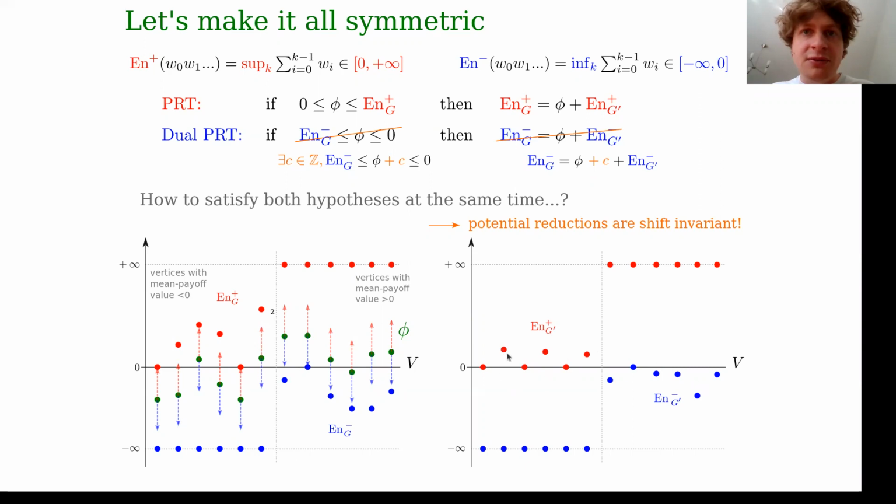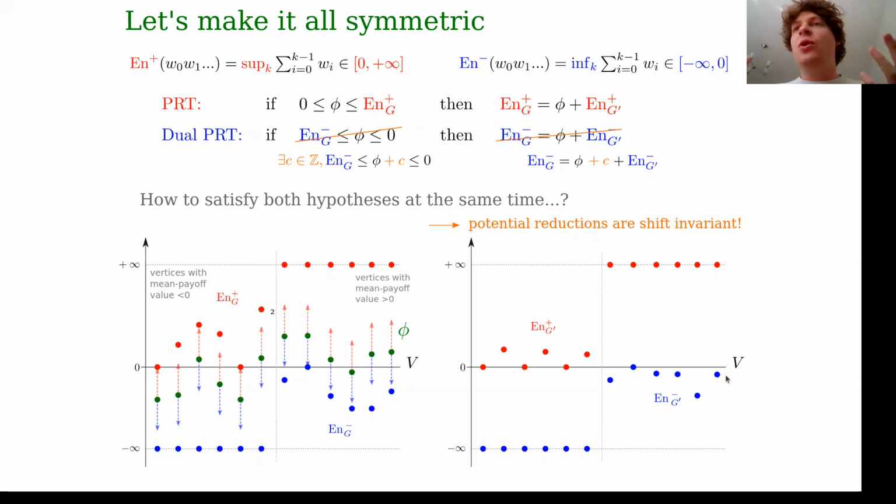So here, for instance, if you look at this vertex, the value we get is the difference between these two points, right? So these values are going to be smaller, and the same for this. So I will get closer to a game where the values are actually 0. And such a game, I can detect when the values are 0. So I can stop the iteration.